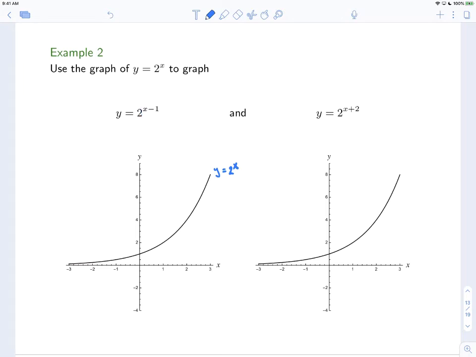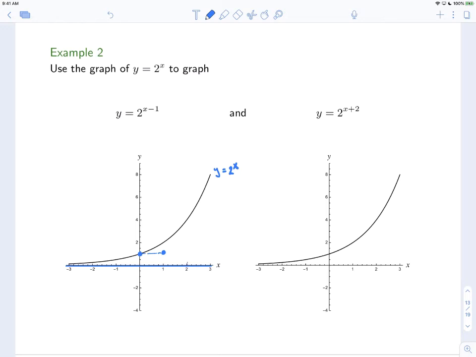So I'm just going to take this whole picture here and I'm just going to shift it to the right by 1 unit. So our y-intercept is going to shift 1 unit to the right, so it's going to go right here. That's not going to change our horizontal asymptote, by the way. If you shift a horizontal line to the right, it's still the same horizontal line.